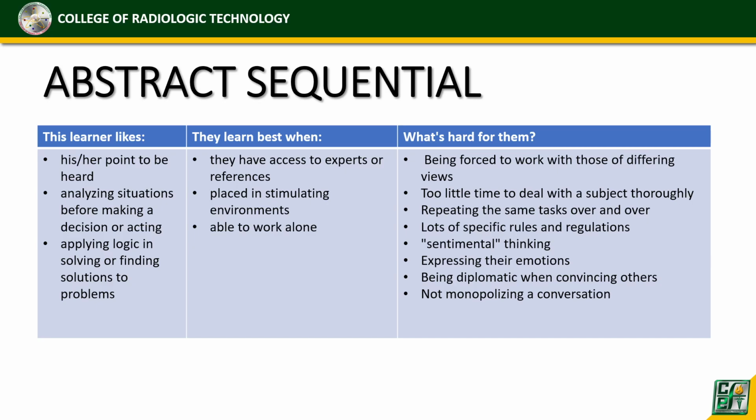They learn best when they have access to experts or references, placed in stimulating environments, and they are able to work alone. So yung abstract sequential can work by themselves.